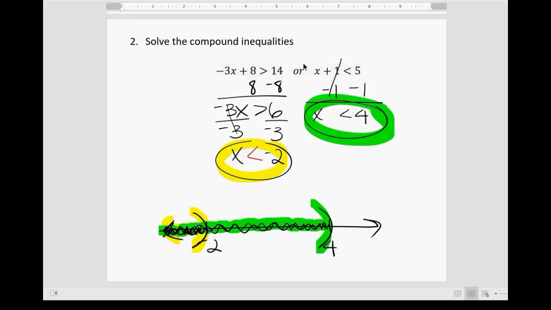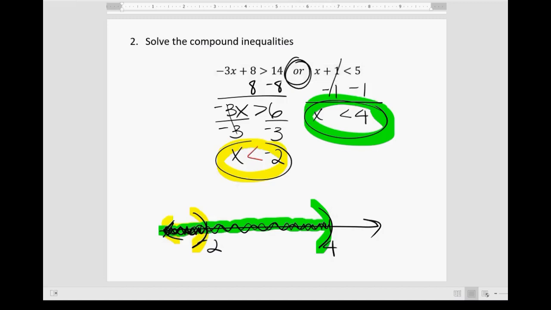Okay. So this is an OR compound inequality, which means that the solution needs to include the union, everything. All right? So the solution on a graph for an OR compound inequality tells us that we don't need to only have where they intersect. We want to include everything as part of our solution.